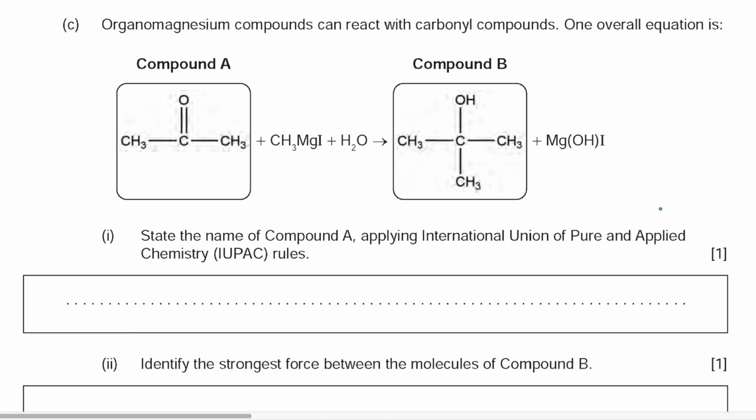Organomagnesium compounds can react with carbonyl compounds. One overall reaction is this. State the name of compound A, applying the IUPAC rules. So the first thing we need to do is see how many carbons are in this compound, and it has 3 carbons, which are all on the longest chain.